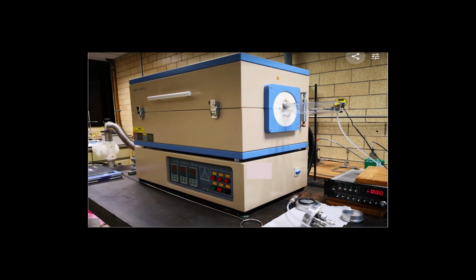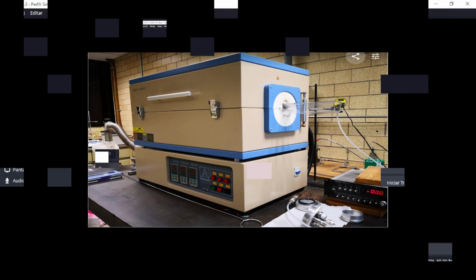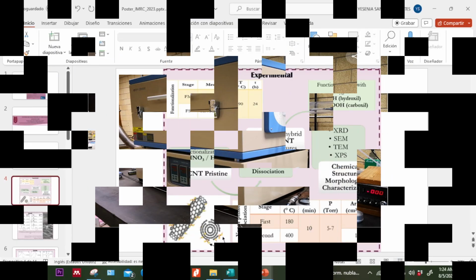The effect of multi-wall carbon nanotubes functionalization medium, molybdenum carbon nanotubes weight ratio, and temperature of the first stage of the vapor phase dissociation method on the structural and morphological characteristics of the hybrid nanostructures were investigated.